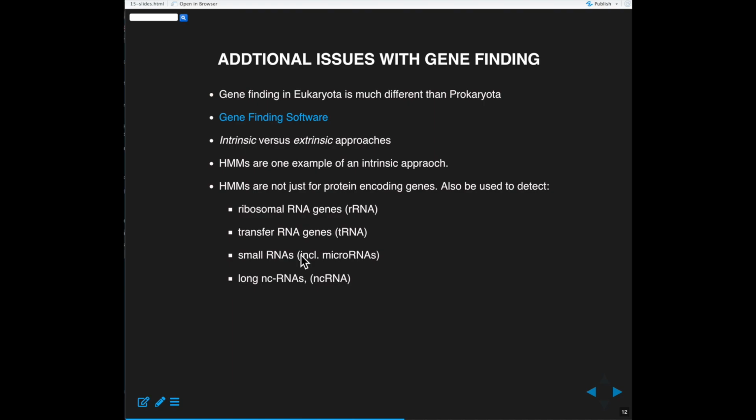But of course, you need examples of long non-coding RNAs, or at least you need to know regions of the genome that aren't non-coding RNAs, and it's all based on essentially machine learning. You have that set of positive and negative examples, and you train your model.